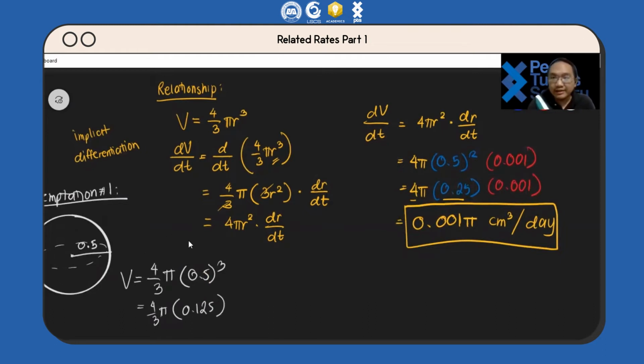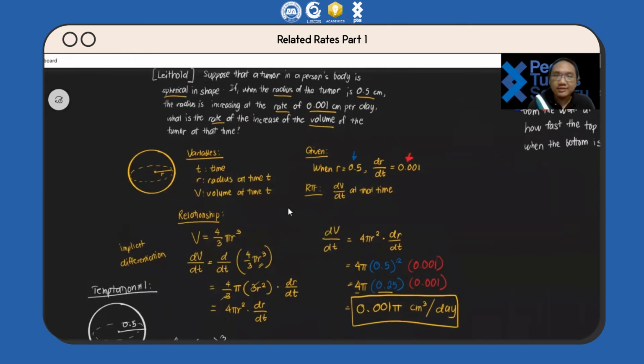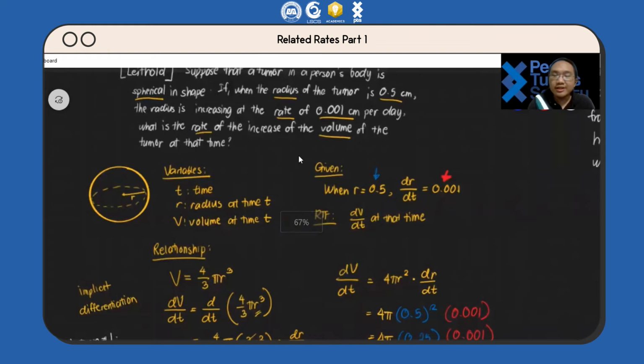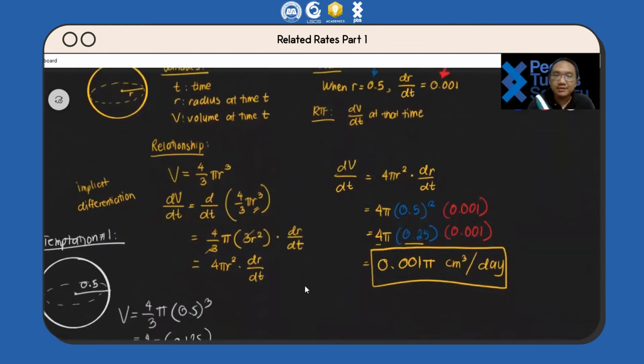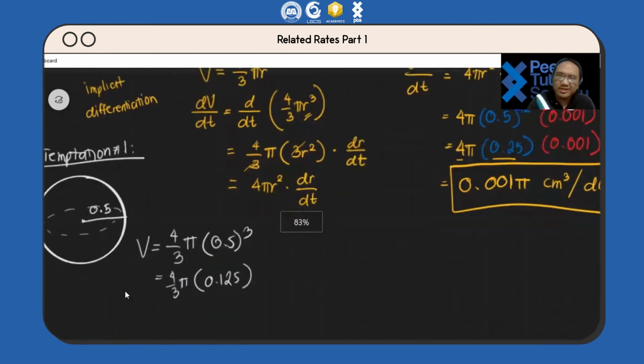And at that specific time, the dr dt is 0.001 centimeters per day. Again, there's a subtle difference between having it as the constant radius versus knowing its value at a specific time.